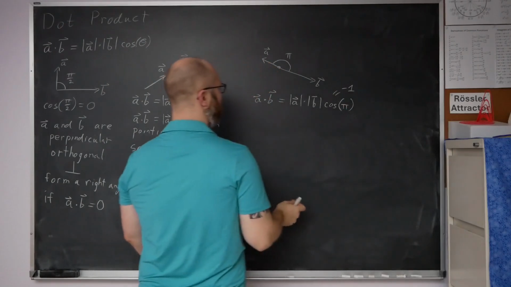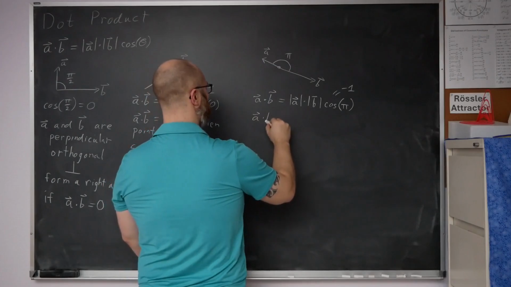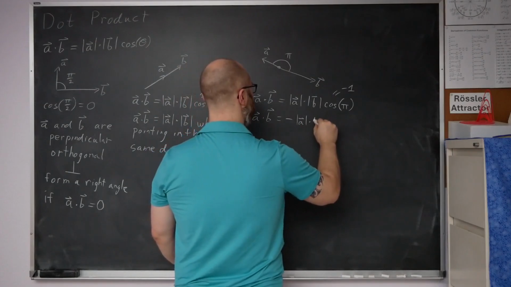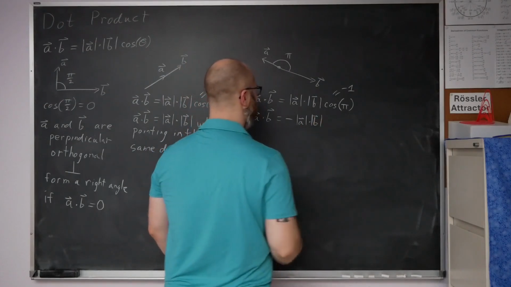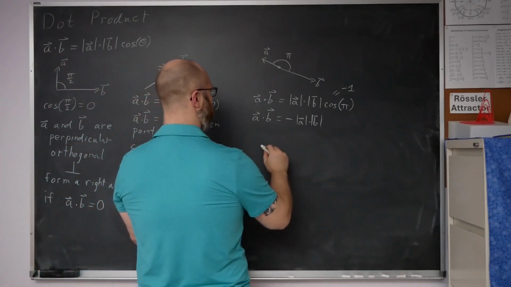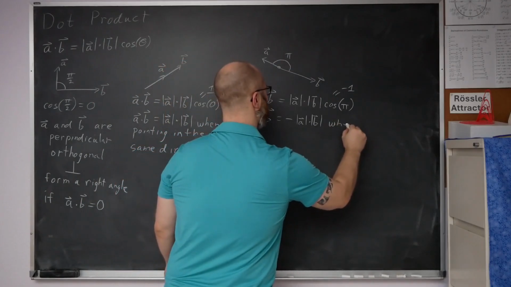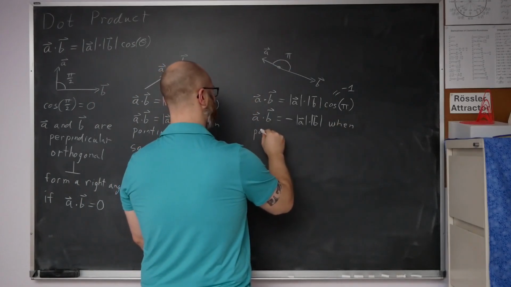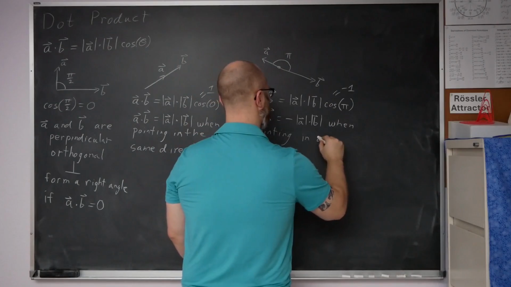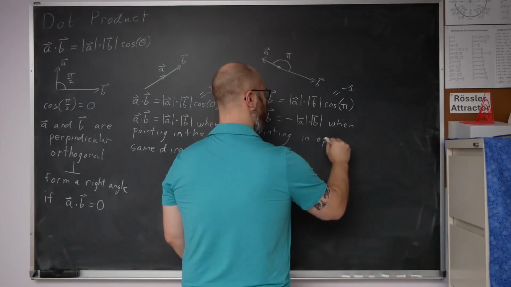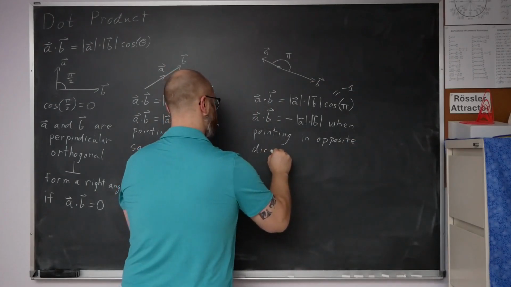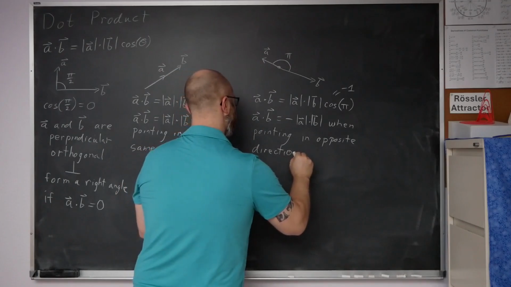So you'll end up with A dot B equals negative magnitude A times magnitude B. All right, and so pointing in the same direction, so this is pointing in opposite directions.